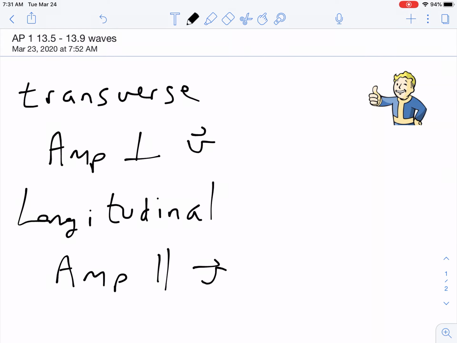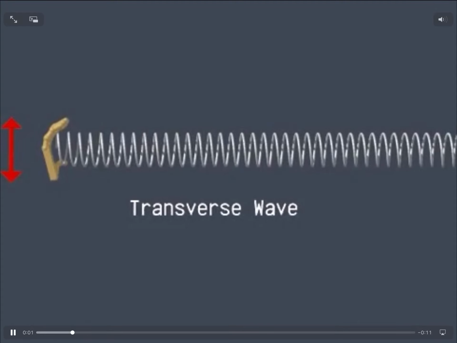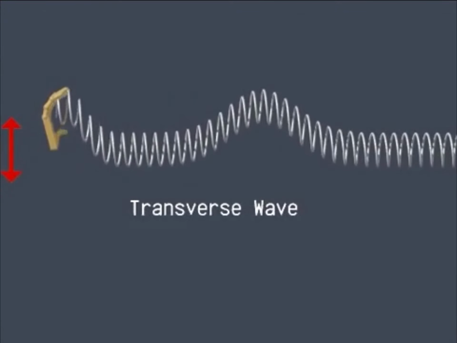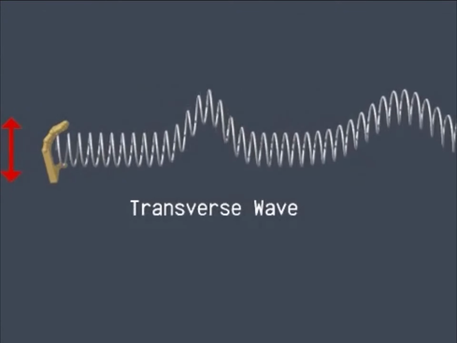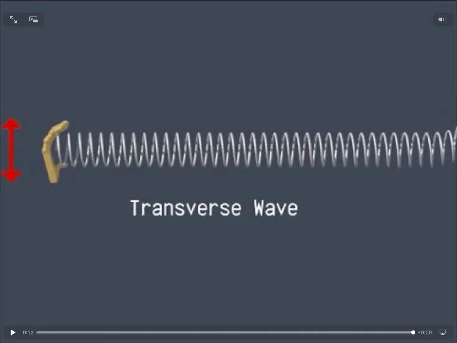Let's see, here is an example of a transverse wave. Notice the wave travels to the right, but it actually oscillates in the vertical direction. So it's oscillating up and down, but the wave is traveling to the right. The amplitude of oscillation is perpendicular to the velocity.